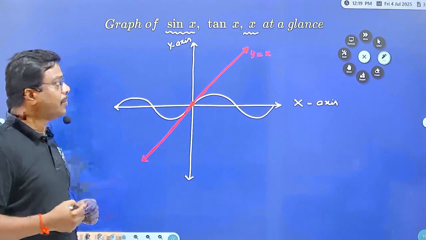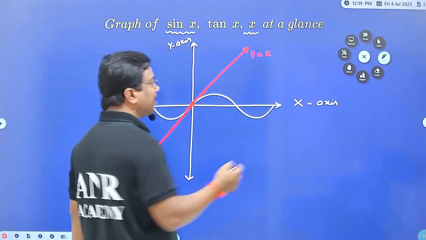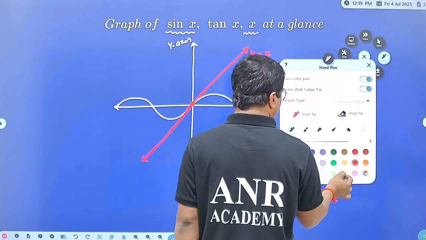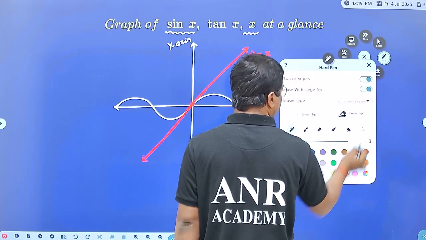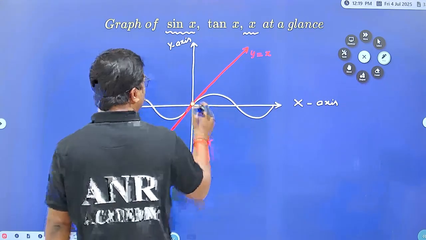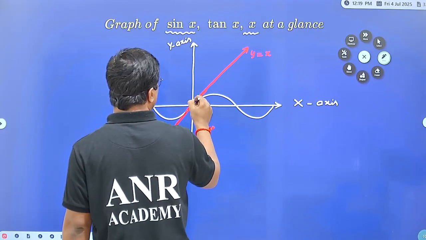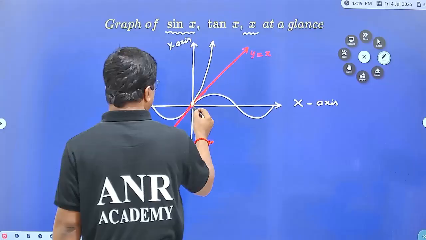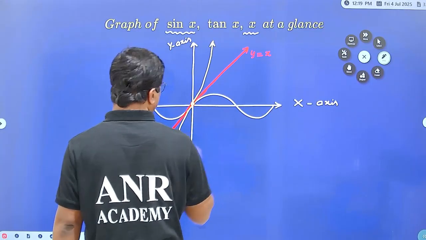Next, we have to draw the graph of y equal to tan x. See the graph of tan x. At 0 it is 0, and for positive values of x it increases. This is the graph.